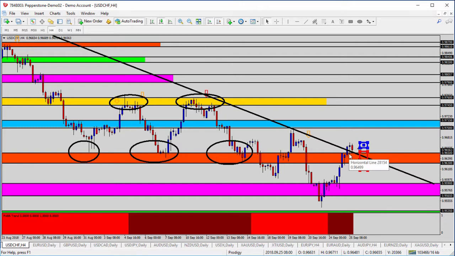Well, as long as it's above the orange zone today, assuming we have some news today, consumer confidence out of the U.S., nothing for the franc today, but consumer confidence out of the U.S. at 10 a.m. Eastern time, if we get positive consumer confidence, we may see this pressure a little bit higher, maybe back to the blue zone. If it becomes negative on that news, or the U.S. dollar decides to sell off today, we're right back underneath the orange zone.